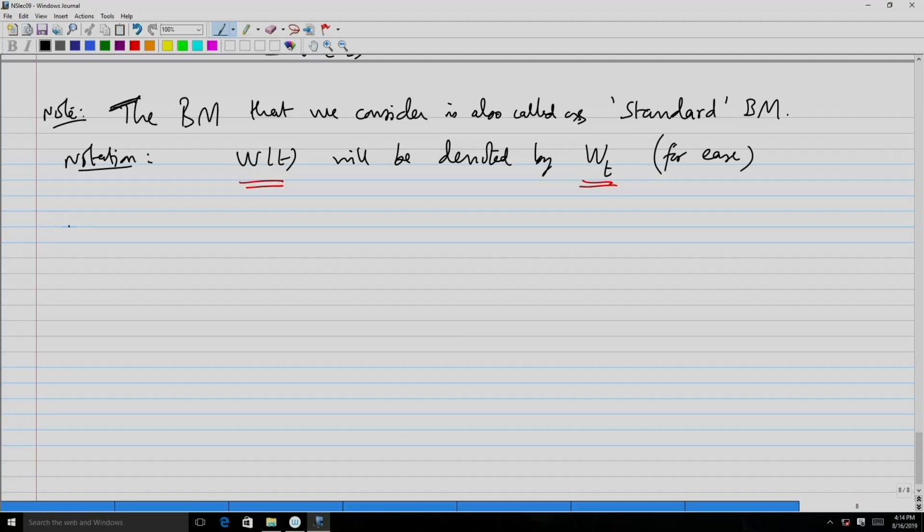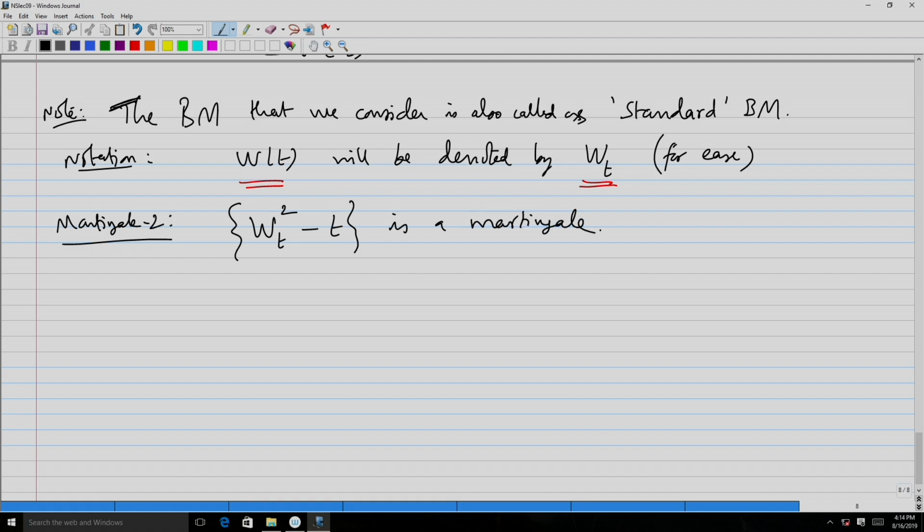Another one, martingale 2, is Wt squared minus t. This process is a martingale.